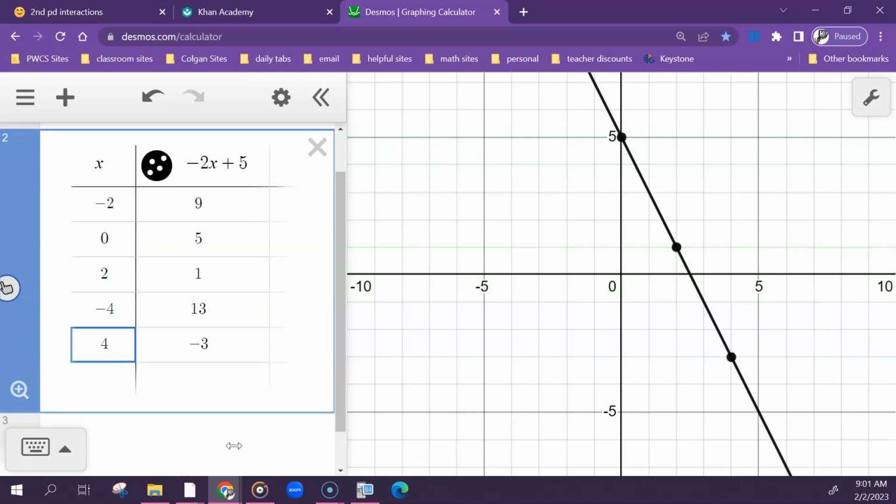It's out of order, but you would just have to put it in order. So 13, 9, 5, 1, negative 3. Questions on how to use the table on the calculator or on Desmos so far?